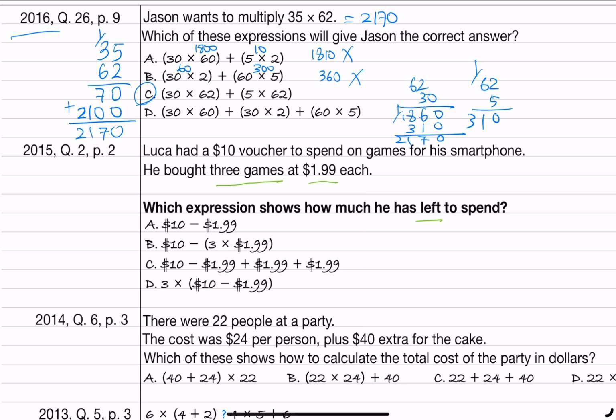So 3 games at 1.99, so 1.99 times 3 will be the dollars spent. And then "left" is another clue. So $10 is the total, minus. So it's our B.